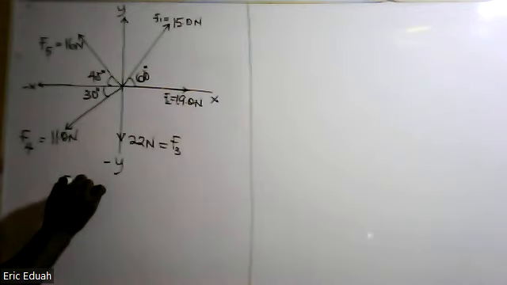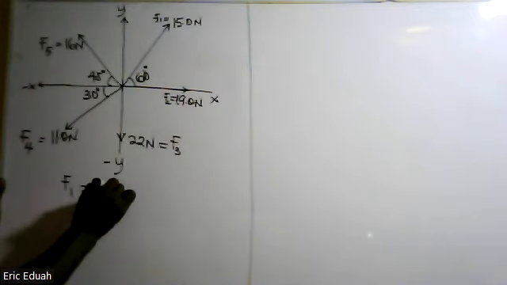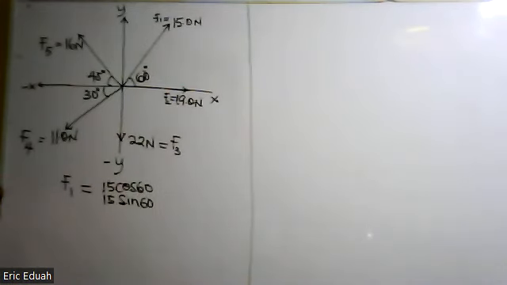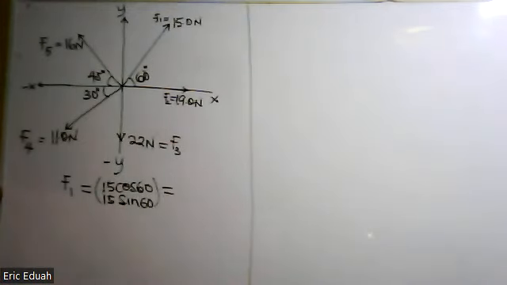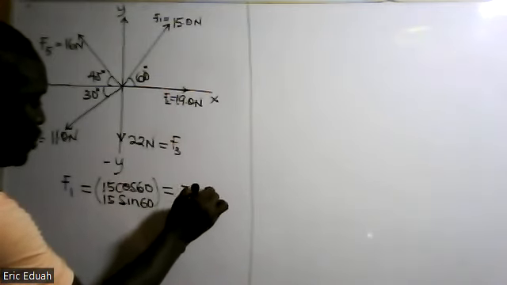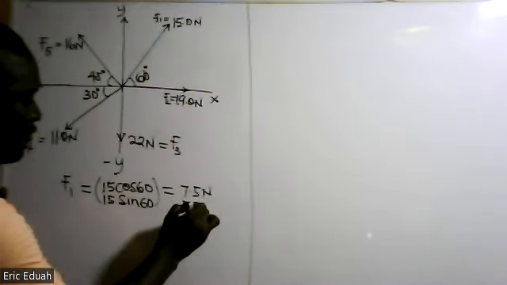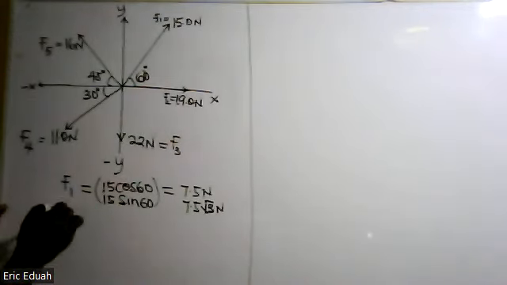F1 would be equal to 15 cos 60, then 15 sine 60 to the x-axis. Let's quickly evaluate this. Cos 60 is half, so this is 7.5 Newton. Then sine 60 is √3 on 2, so 7.5 √3 Newton for the y.